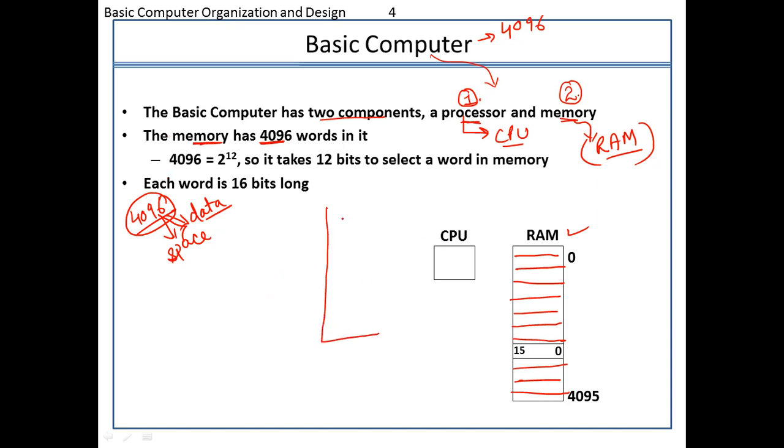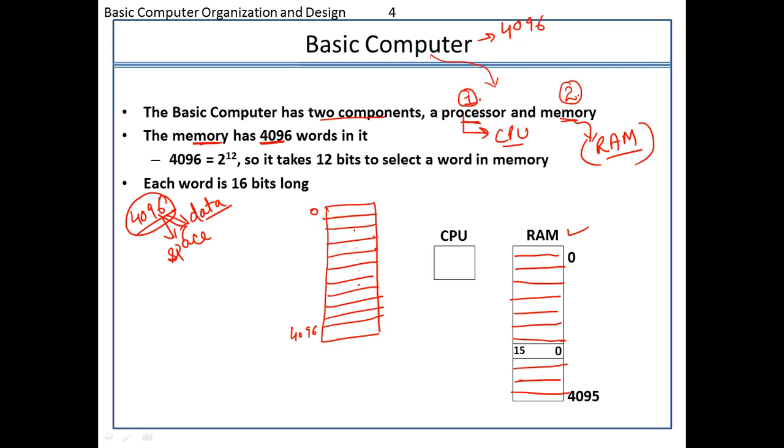If the addresses are starting from 0, then I could say that 4096 is the total number of words that my memory can actually accommodate within the basic computer. This is important to understand. Why? Because the memory does not consist only of data. I am simply talking about the size right now.